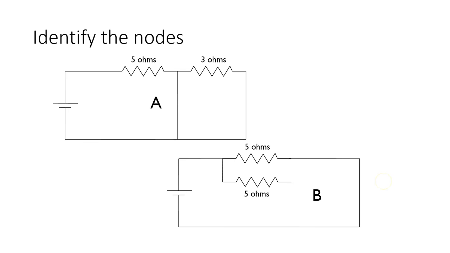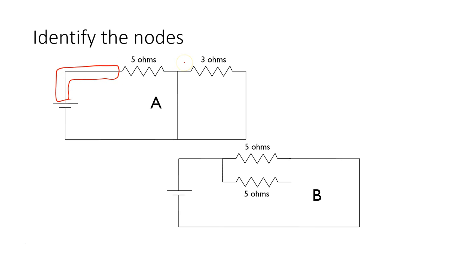Now you could pause the video and see if you could identify the nodes in these two circuits. Good. So if you've done that, what you should have for circuit A is this one.